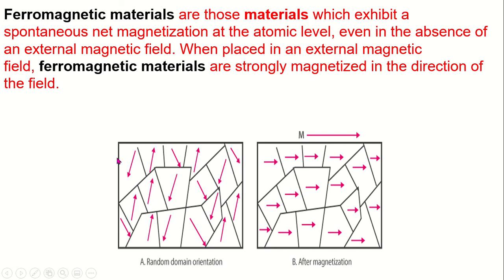Look, in the magnetic domain, the magnetic dipoles are haphazardly arranged, scattered in different directions. But when a strong external magnetic field is applied, then in each domain, the dipoles are arranged in a definite direction.